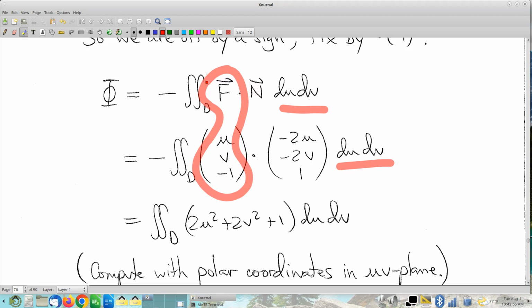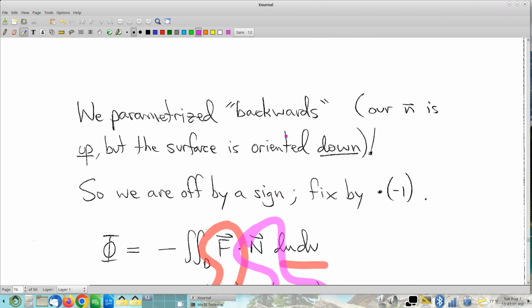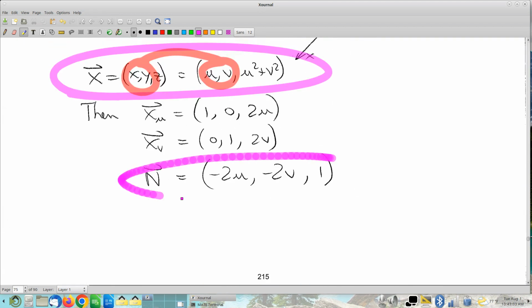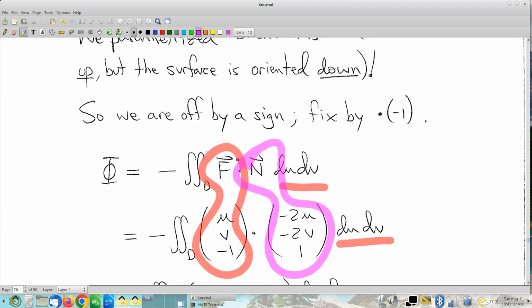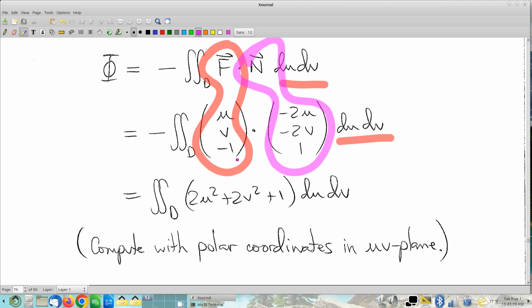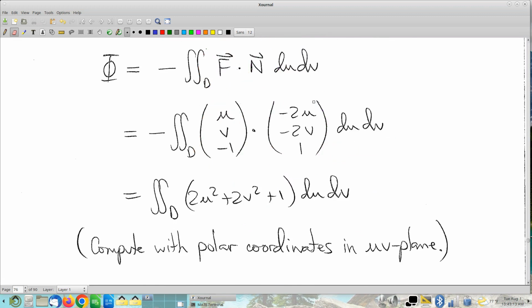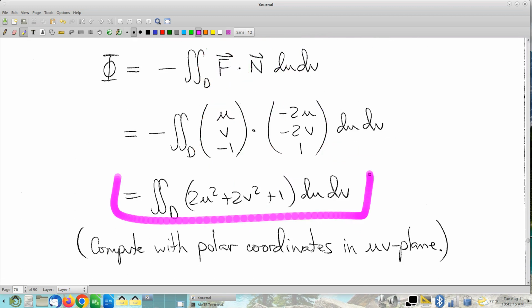So that's just pulling back through the parameterization, plugging in, in other words. Don't forget, you also have to plug in for your normal vector n, which again, formula on the previous page. Right, there's your normal vector n. You plug that in, and dot it up, and lo and behold, you have yourselves a double integral. And we know how to compute double integrals.